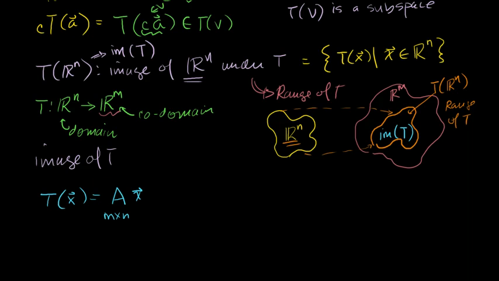Let me write it in a bunch of different ways. What is the image of Rn under T?